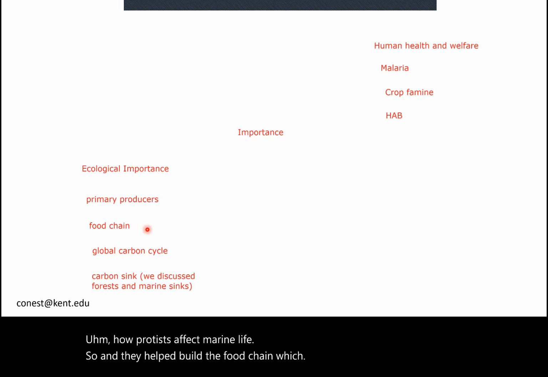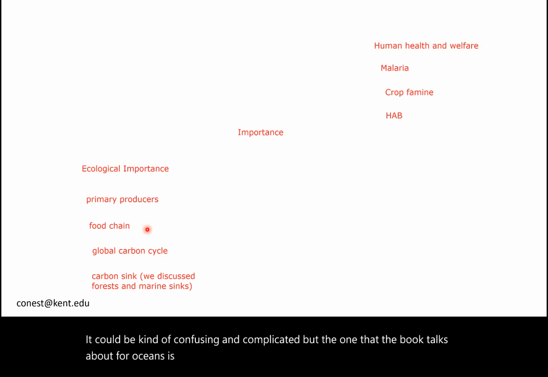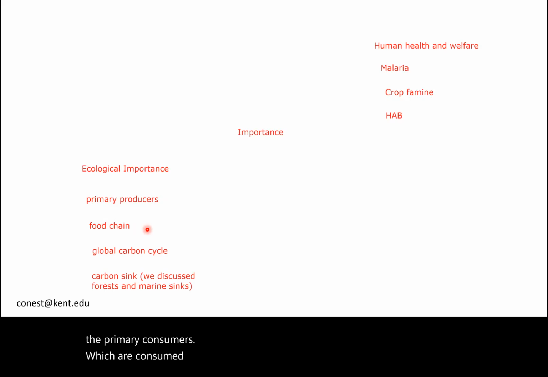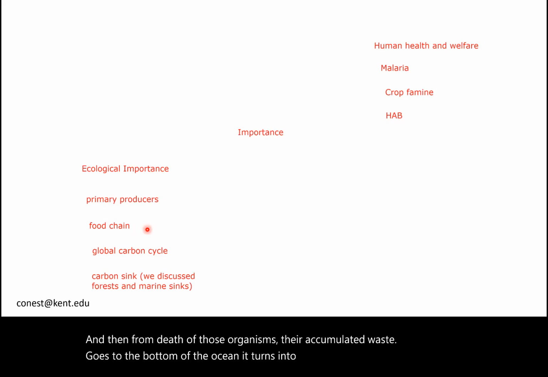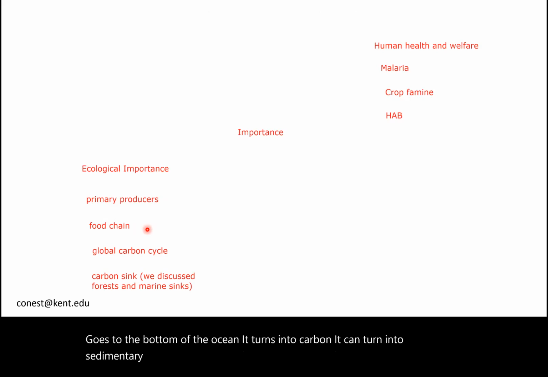It could be kind of confusing and complicated, but the one the book talks about for oceans is that you have your primary producers, which are consumed by the primary consumers, which are consumed by decomposers and scavengers when the primary consumers die. Then from the death of those organisms, their accumulated waste goes to the bottom of the ocean. It turns into carbon, it can turn into sedimentary rock, and it can turn into petroleum over time.